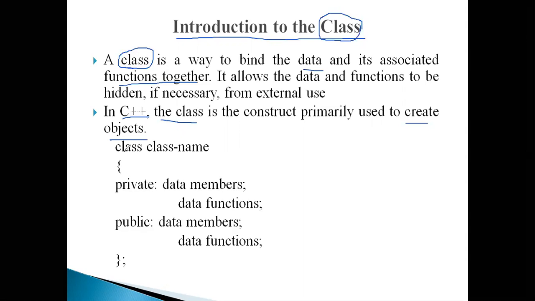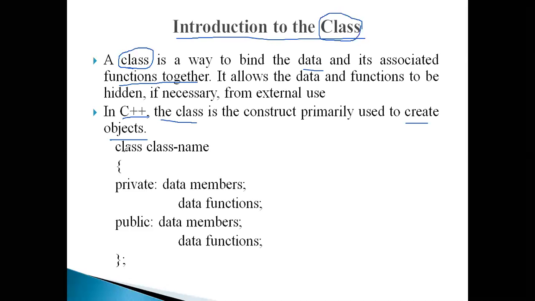This is a major thing. And one more difference: you can add two structure variables, but you cannot add two class variables. These are the very basic differences between the class and the structure, remember forever.